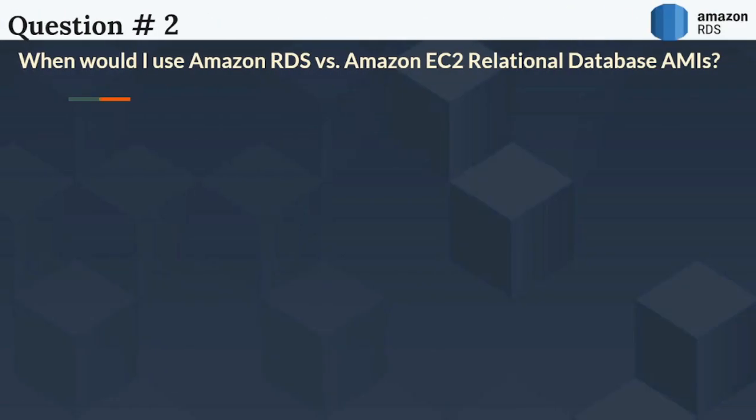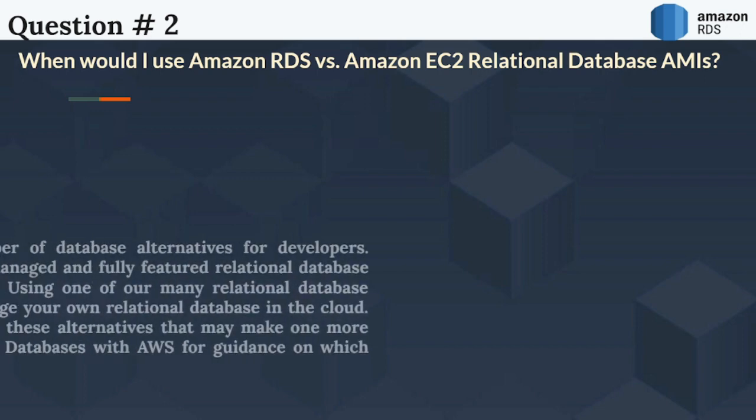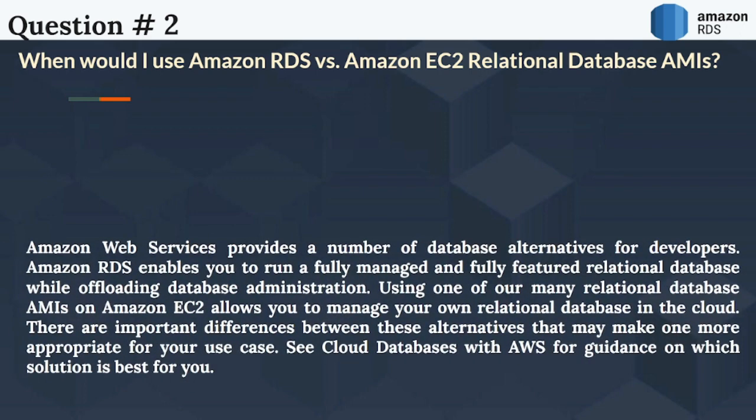So the next question is, when would I use Amazon RDS versus Amazon EC2 Relational Database AMIs? Amazon Web Services provides a number of database alternatives for developers. Amazon RDS enables you to run a fully managed and fully featured relational database while offloading database administration.